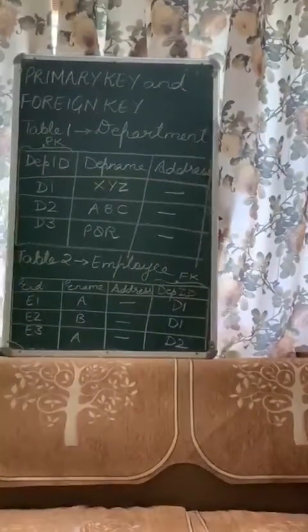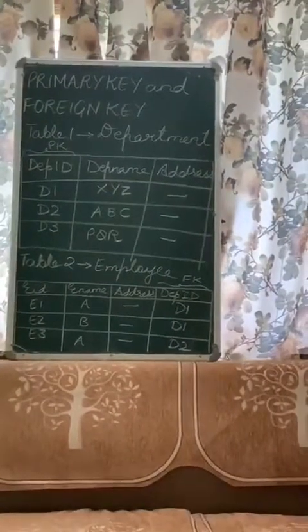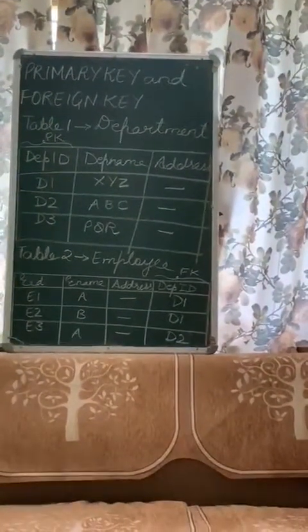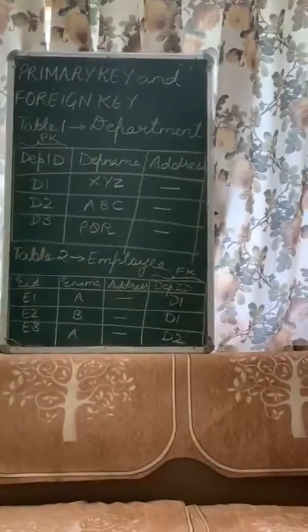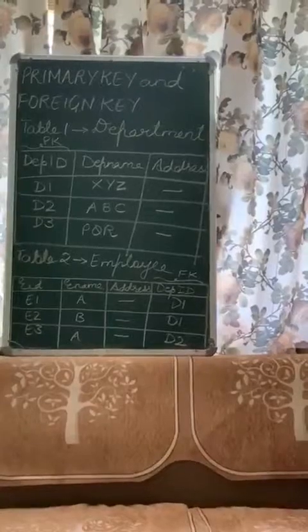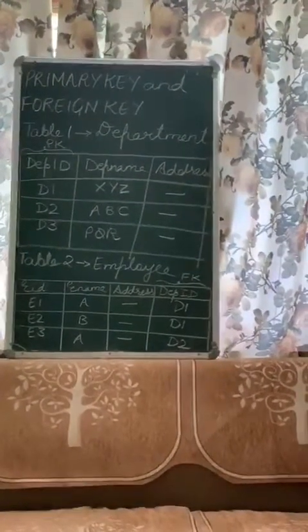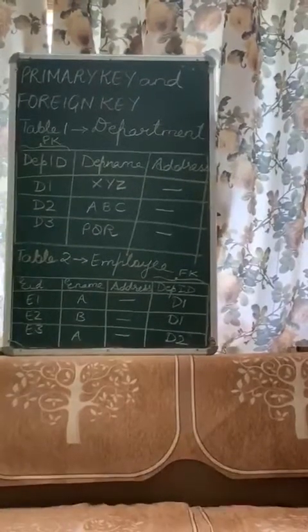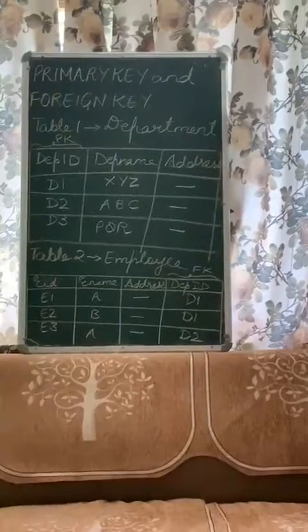Now this department ID, here it will be acting as a foreign key. Why? Because it served as a primary key in some other table. So any attribute to act as a foreign key should have the property that it is acting as a primary key in some other relation or in some other table.